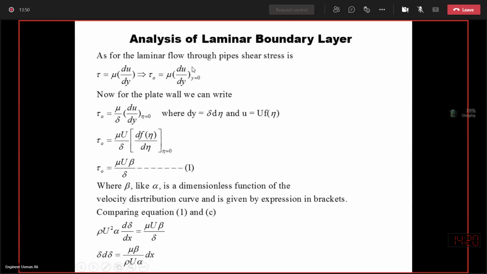Now if you want to write the same equation for the smooth flat plate that we have considered, again at the surface of the plate, tau naught is the boundary shear stress. We know that eta is equal to y over del, so dy is del into d eta. In the previous lecture we also assumed that eta is y over del, and also u is capital U into a function of eta, because u over capital U is a function of y over del.